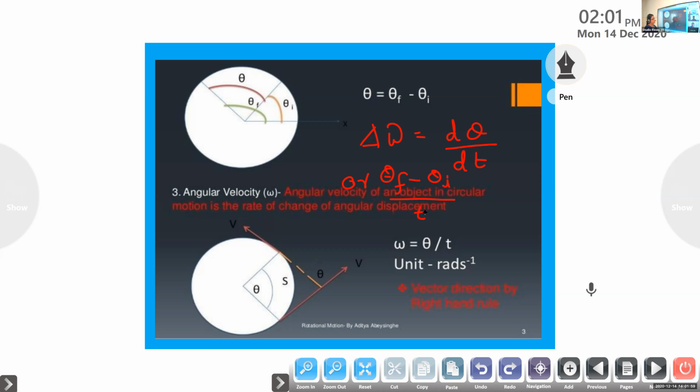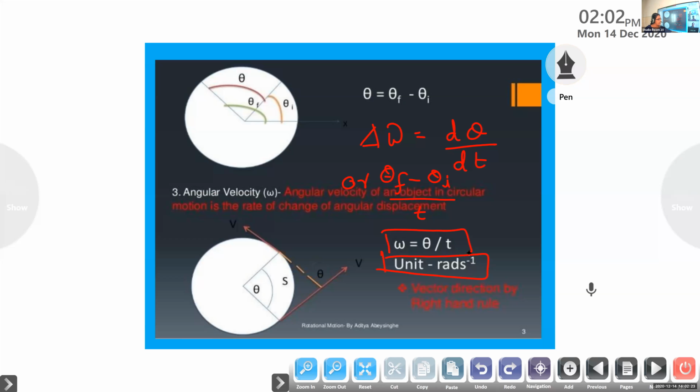D theta by dt, unit is radian per second. If there is no change, that is the final equation. If omega is constant, angular velocity constant, you can write theta by t. If it is changing, d theta by dt. Okay?